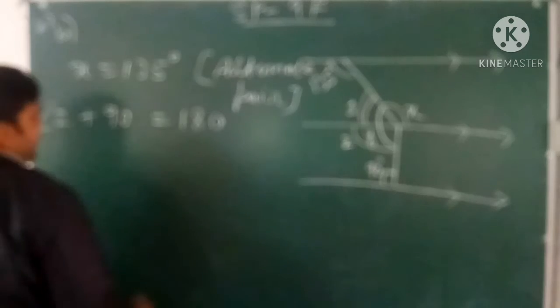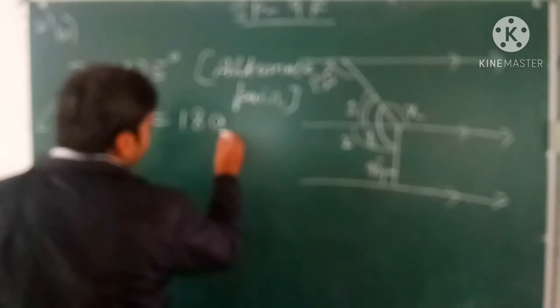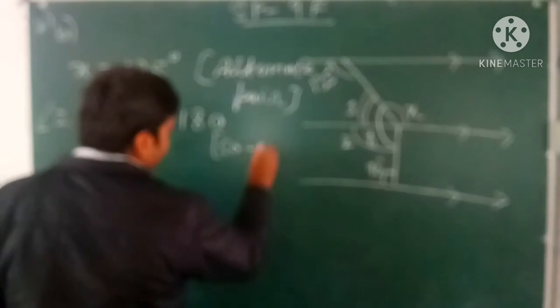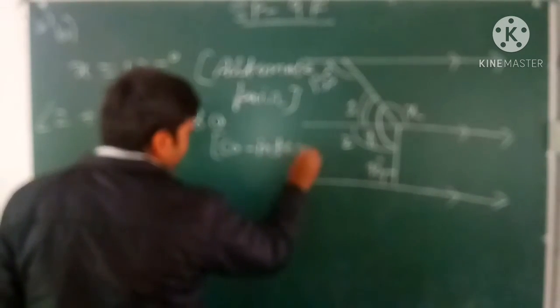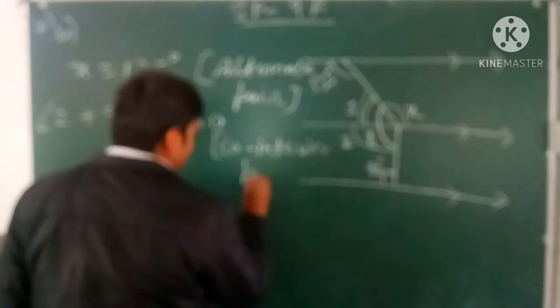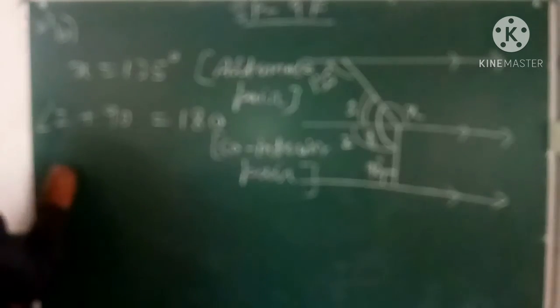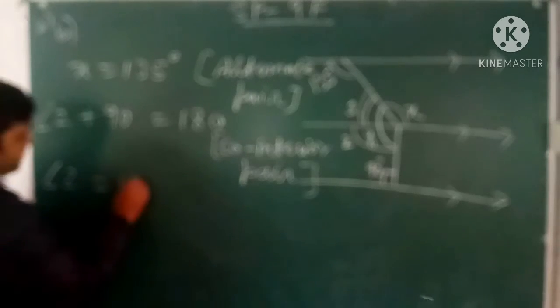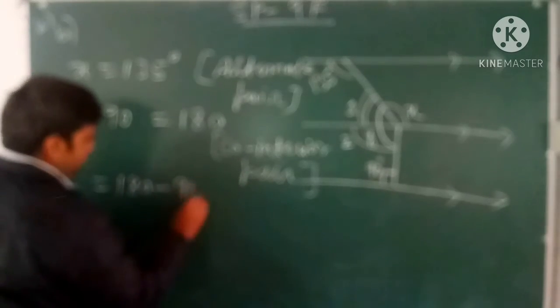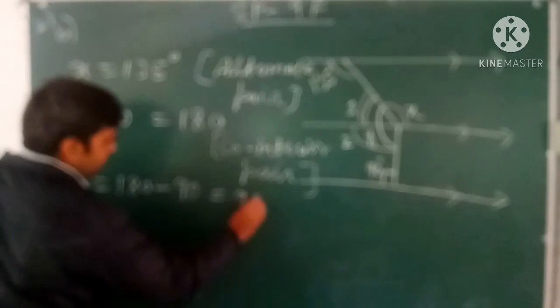Reason: co-interior pair. See, this is the co-interior pair. So now angle 2 will be 180 minus 90, that is, angle 2 will be 90 degrees.